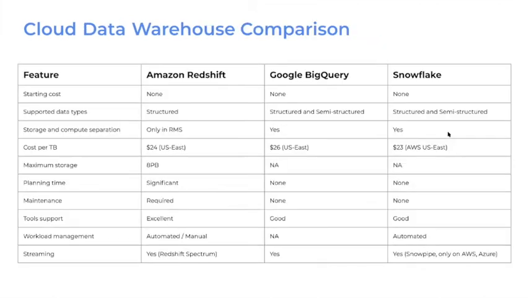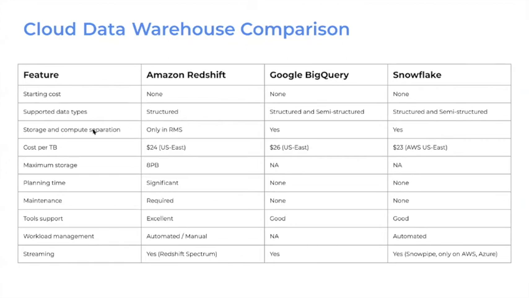Okay, quickly checking the feature comparison between some of these data warehouses. The things to notice are that data type support within Redshift is somewhat limited. If you have needs around storing JSON data, then you should look for ways to either flatten it out or use BigQuery or a Snowflake option.